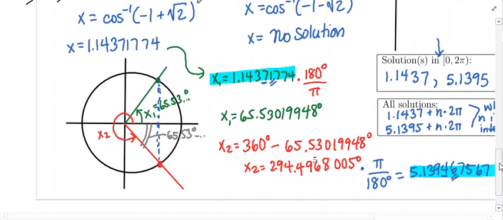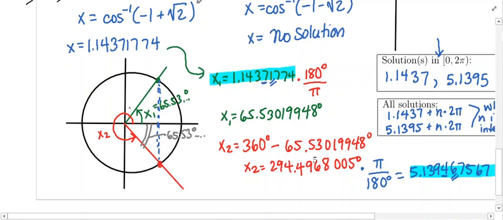So we drew out a unit circle and located the angle by converting it to degrees, so we knew what we were working with. Then we had to draw out another angle between 0 and 2 pi that would have the same cosine or x value. That gave us this red angle.